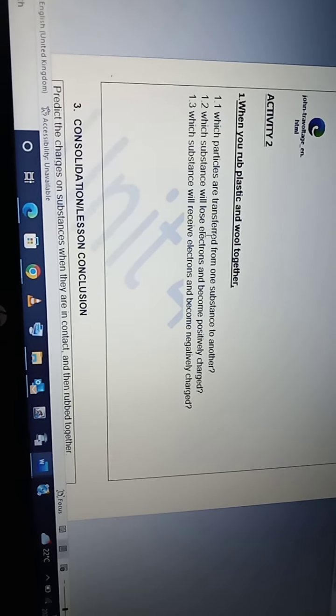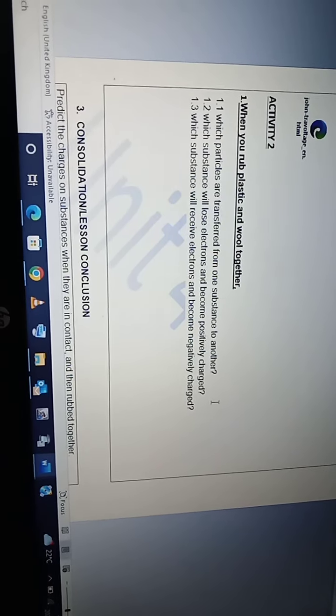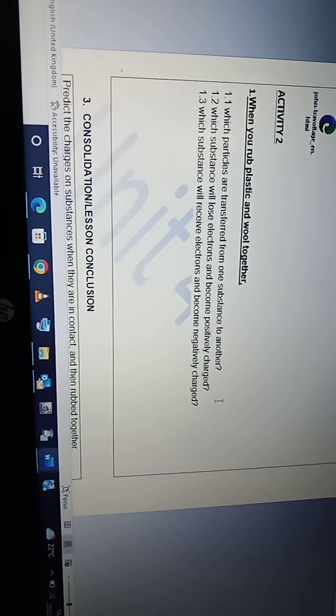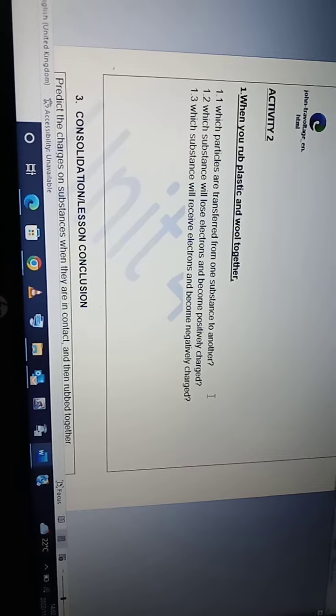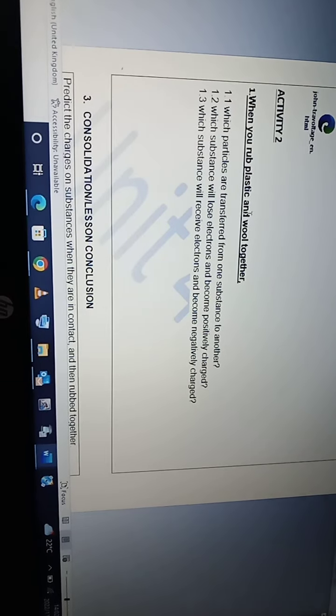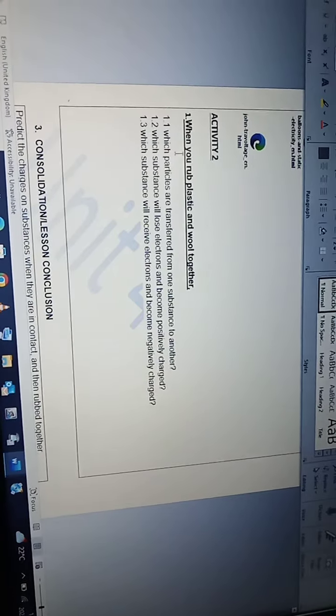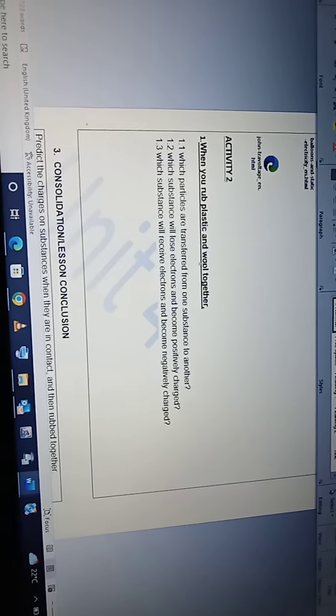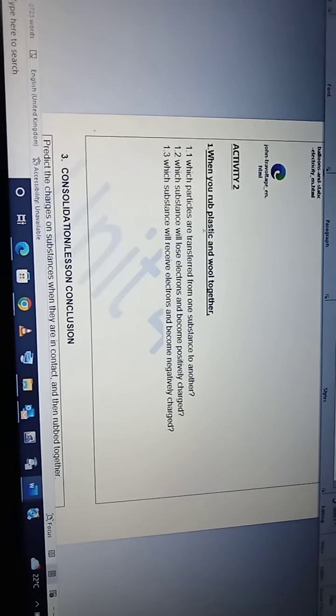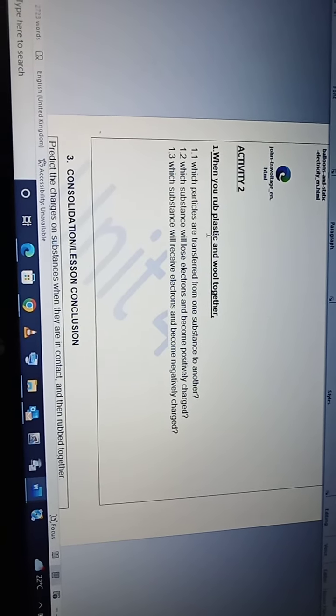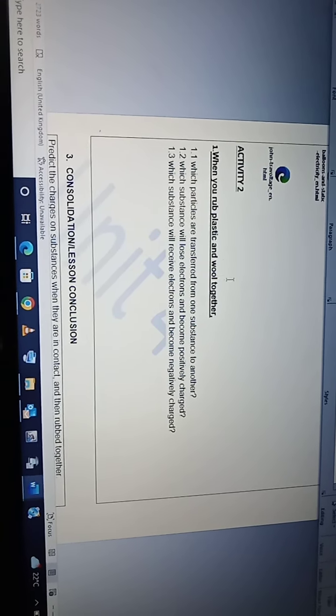Which particles are transferred from one substance to another? As I've said, the particles which are transferred are electrons. They are transferred from the wool to the plastic, as we've seen that the plastic became negatively charged.